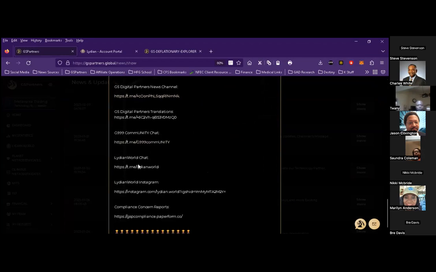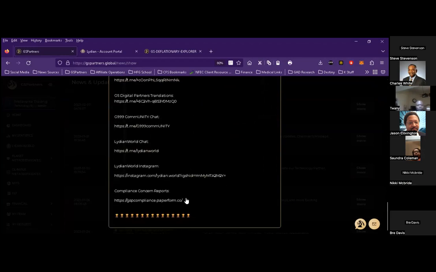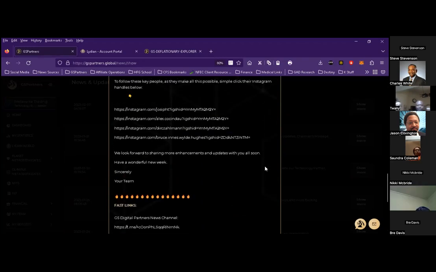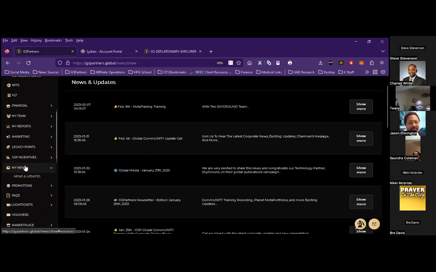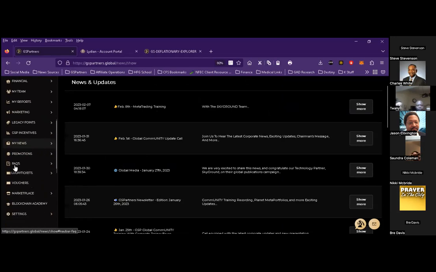There's other Telegram channels that you can join, as well as a way to submit compliance concern reports. So your news is huge. You need to be very familiar. I know it's really far down on the list, but it is nevertheless very important.